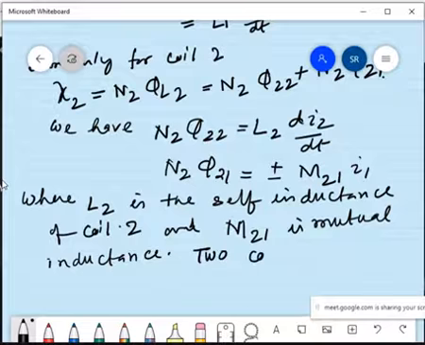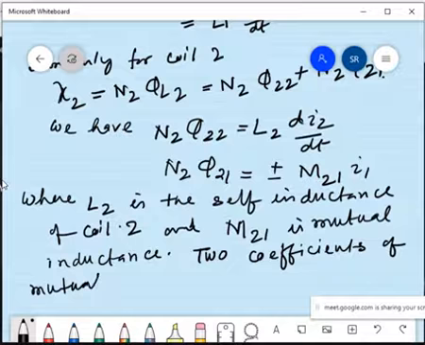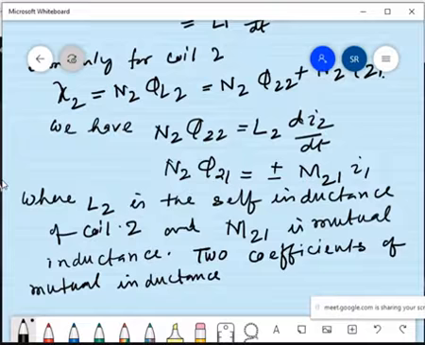Two coefficients of mutual inductance are not necessary.